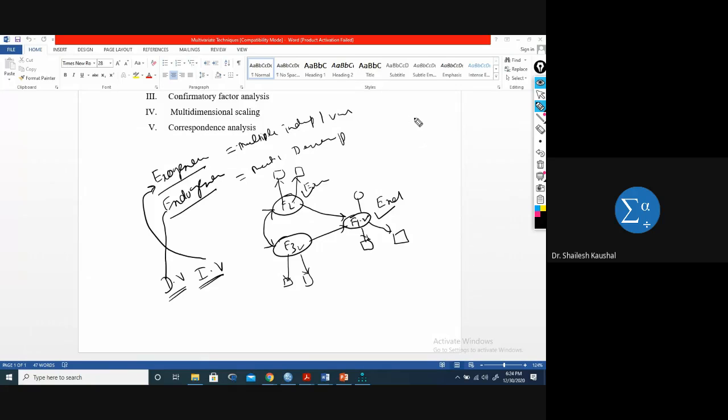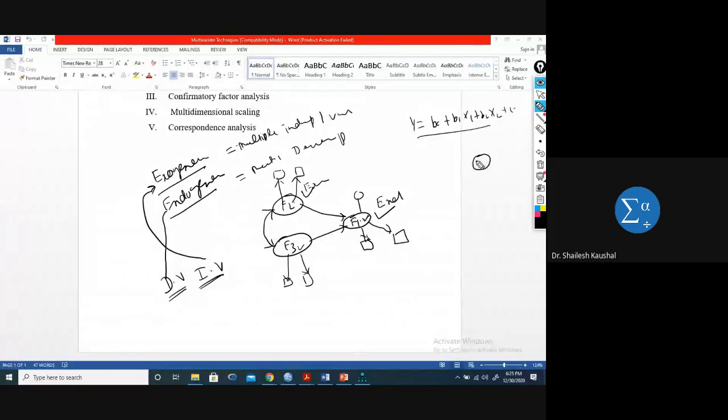So this is my regression analysis: y equals b0 plus b1 x1 plus b2 x2 plus error term.